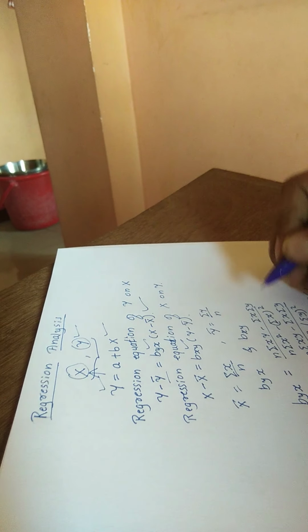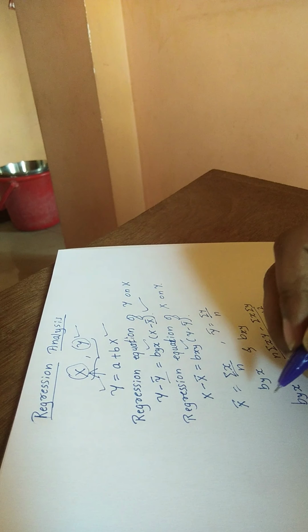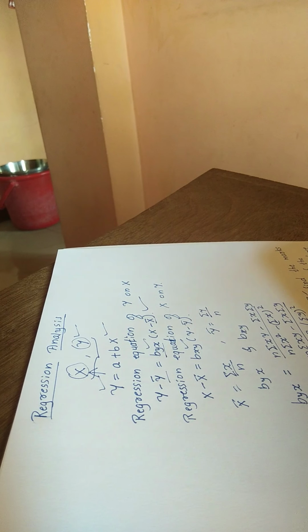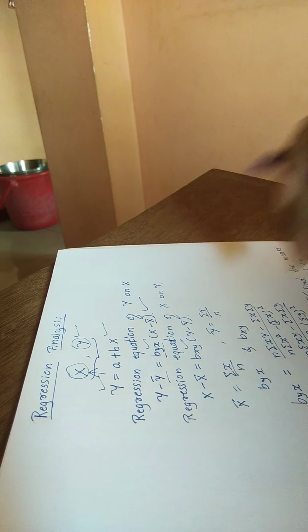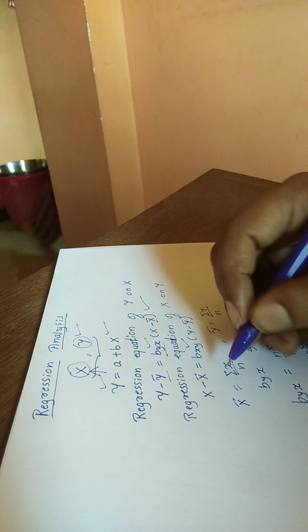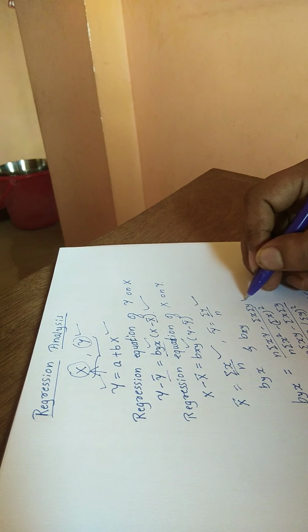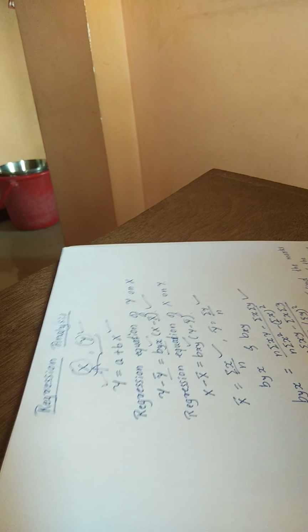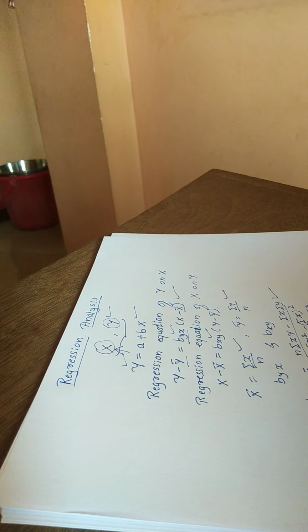So y bar is a constant, x bar is a constant, byx is a constant. We don't know those constants yet, but we can calculate them. How? By using these 3 formulae. So let us first calculate those 3 things.